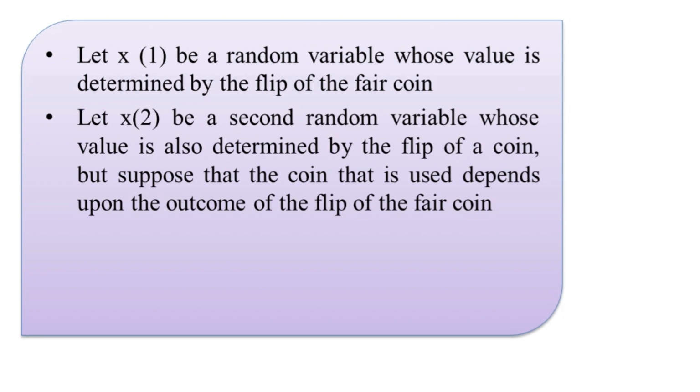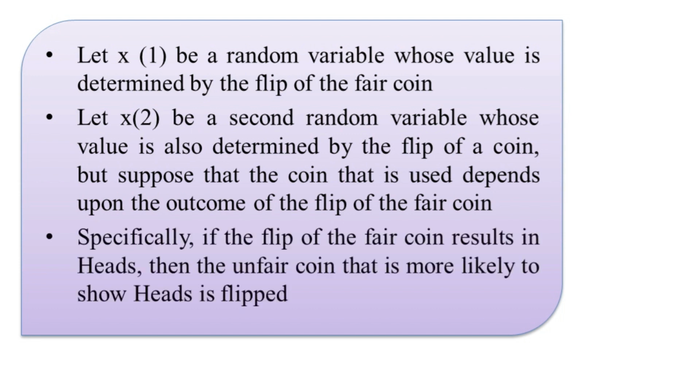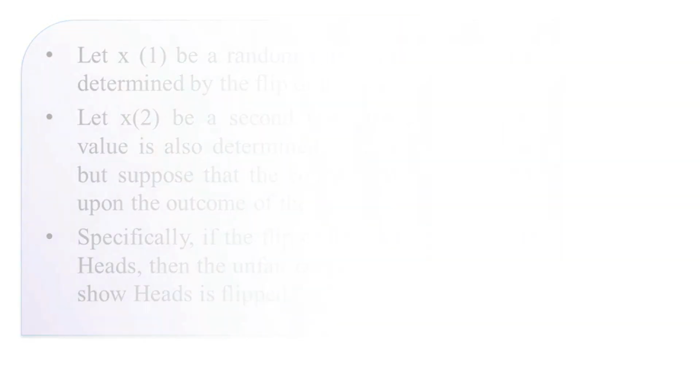But suppose that the coin used depends upon the outcome of the first coin, that is fair in nature. So here we have a specific condition: if the flip of the fair coin results in heads, then the second coin, which is unfair and more likely to show heads, is flipped. Otherwise, the coin that is more likely to result in tails is flipped.